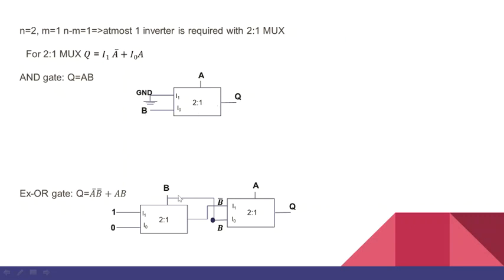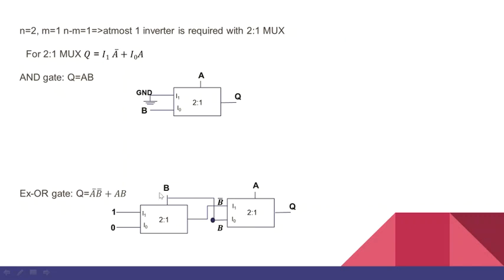Alright. So for the XOR gate, we have Q equals A bar B bar plus AB. So here for A bar, I1 should be given B bar, and for AB, I0 should be given B. So what we are doing here is we will make a B bar, a NOT gate, in the first stage, and this B bar is given to the second stage.